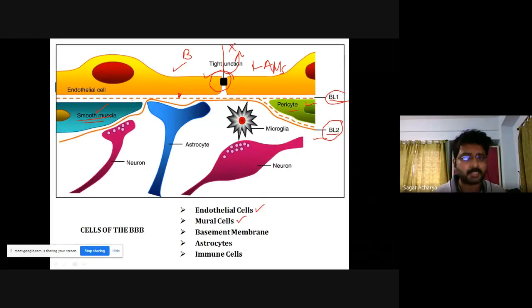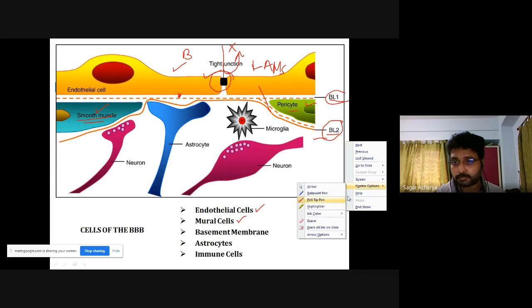Basement membrane is nothing but ECM, or extracellular matrix, secreted by the cell. So it is a non-cellular part, and we are all aware of these extracellular matrices. BL1, the inner vascular basement membrane, is secreted by the neighboring cells, the endothelial cells.